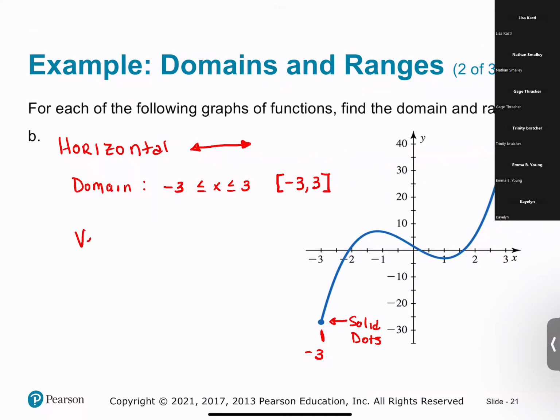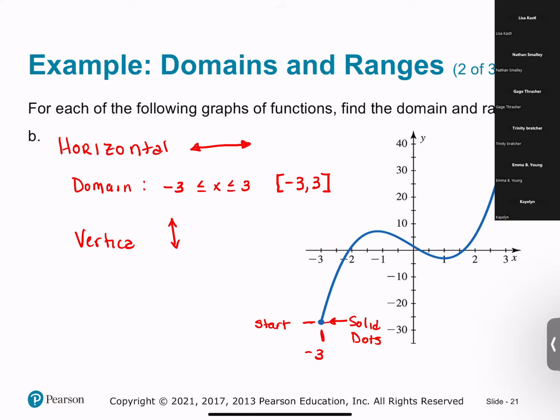So if we go vertical, which is up and down, and hopefully the room that you're sitting in, the wall is vertical. That is a vertical object. So in the vertical direction, where do we start and where do we end? We start here, the smallest point in the vertical direction, and we end up here, don't we? So what is that?